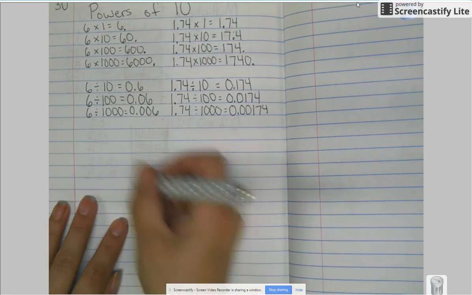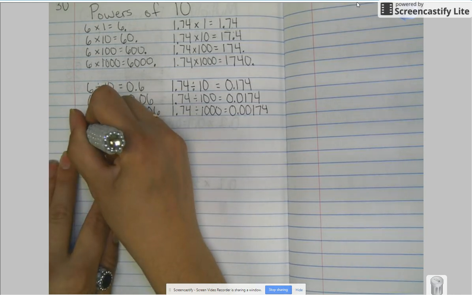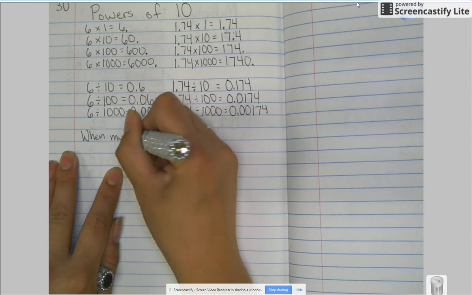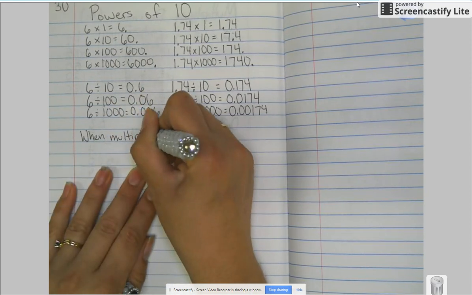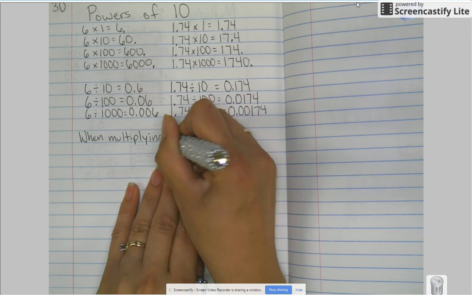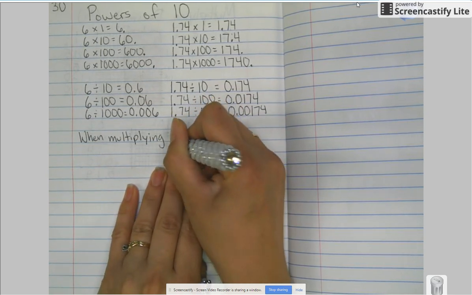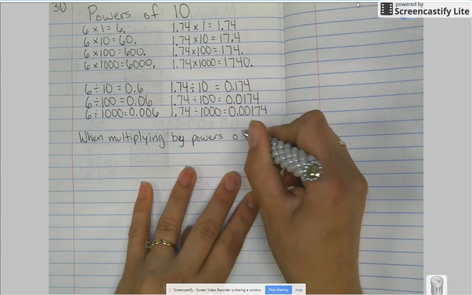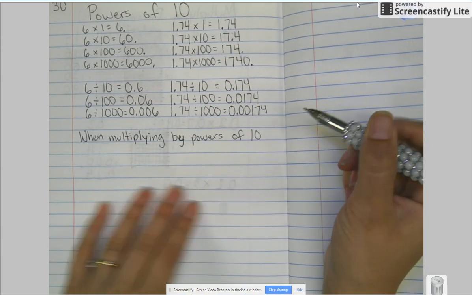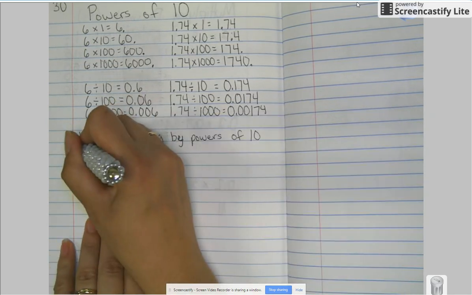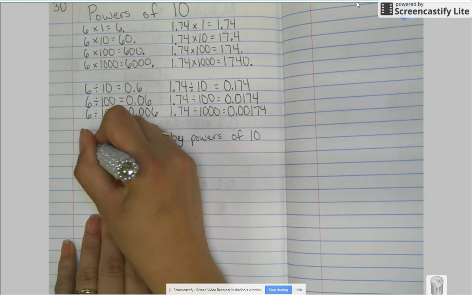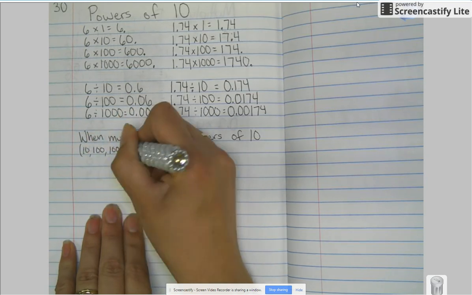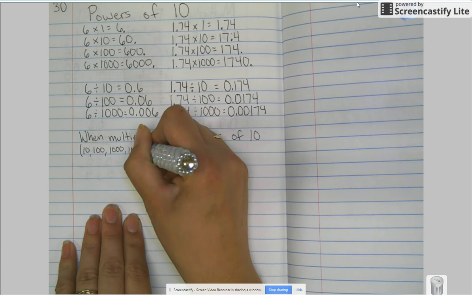So what I want you to remember is when multiplying by powers of 10, meaning 10, 100, 1,000, 10,000, etc.